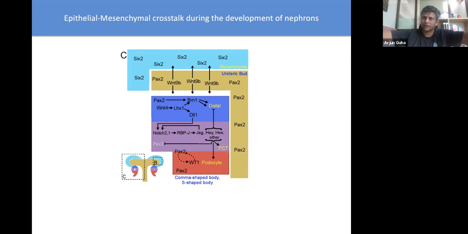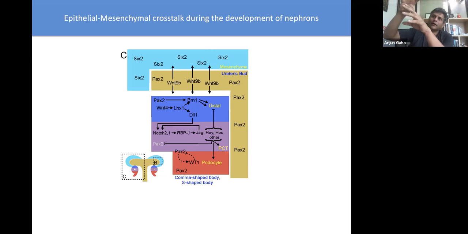Remember, the branching process or the process of collecting duct branching is still ongoing while this process of renal vesicle formation is happening. So in some sense, the process of collecting duct branching morphogenesis and renal vesicle formation are sort of occurring simultaneously, if you will. Again, very different from the lung, where airway happens first and the formation of the alveoli happens next.